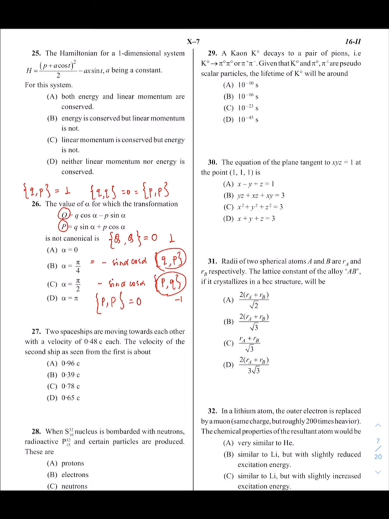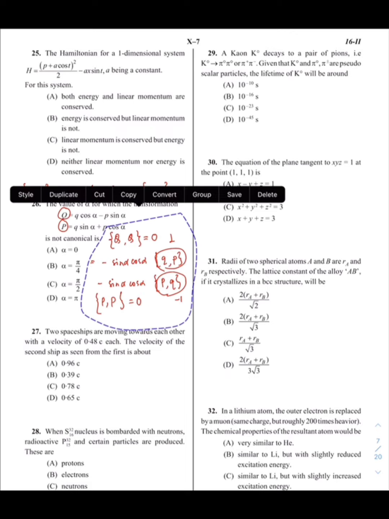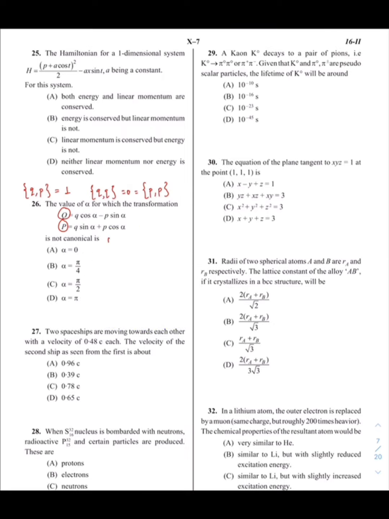Now let us calculate the non-trivial bracket of Q and P. This is given by cos square alpha {q, p} minus sin square alpha {p, q}. This is equal to 1 and again this is equal to minus 1.